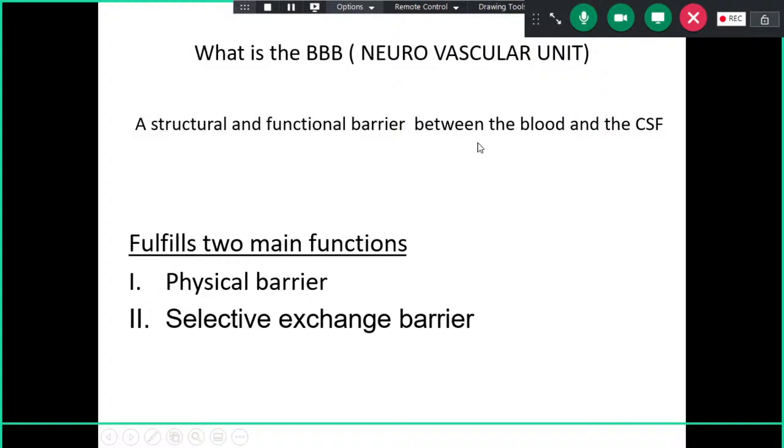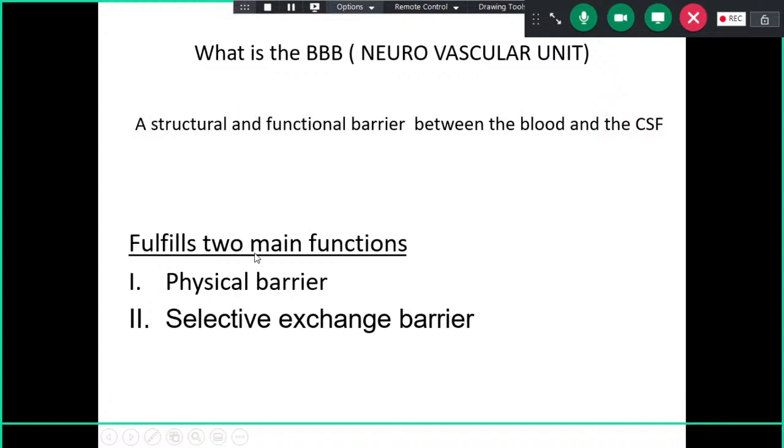These metabolic products have to be prevented from reaching the brain parenchyma. As I told you, the brain parenchyma, the neuronal tissues, are non-regenerating, terminal, very specialized cells. If these unwanted products from the blood enter the parenchyma, they may cause severe damage.